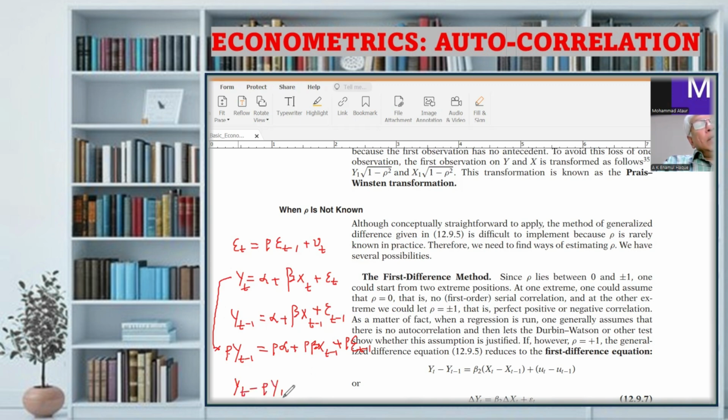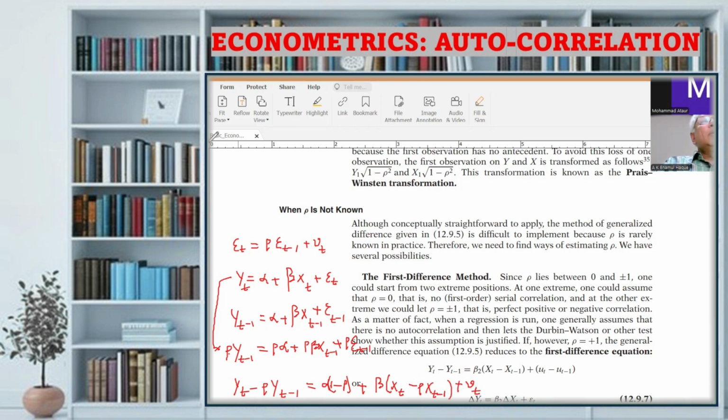rho yt minus 1 equals alpha times (1 minus rho) plus beta times (xt minus rho xt minus 1) plus nu t.